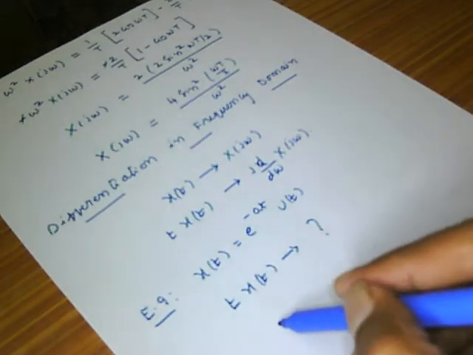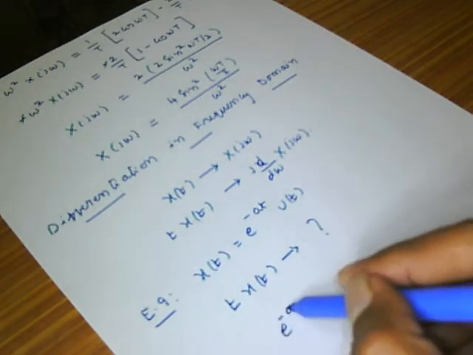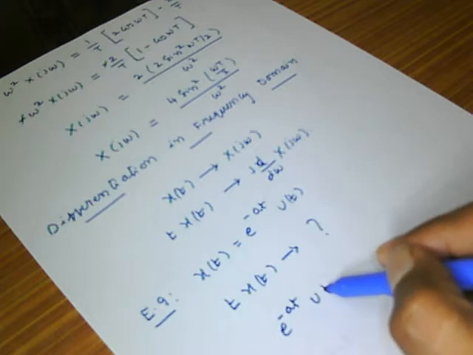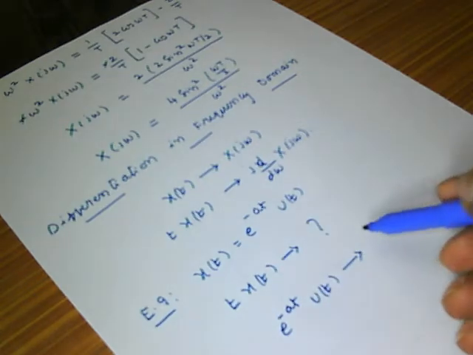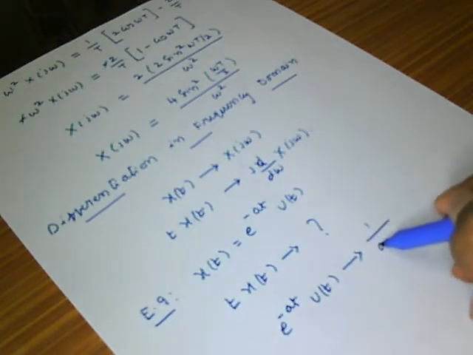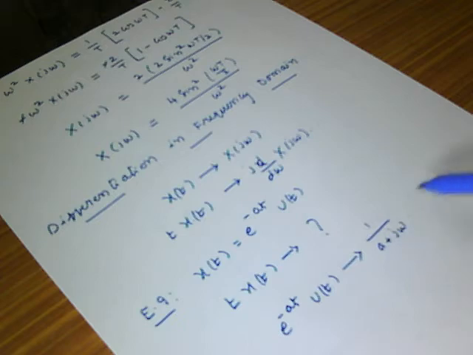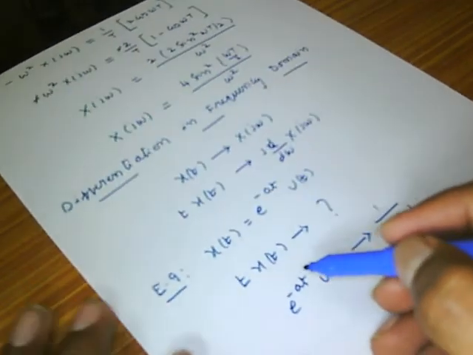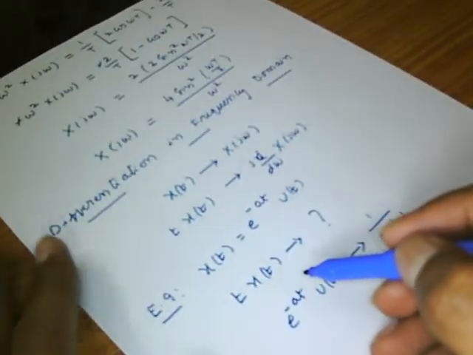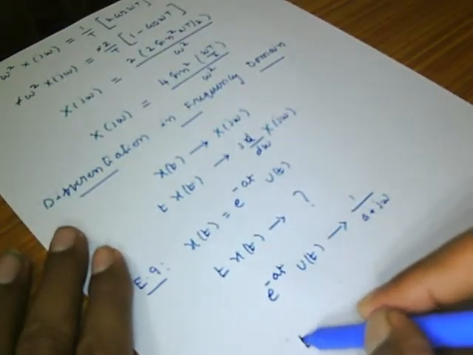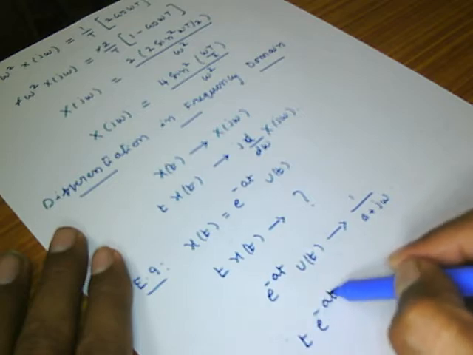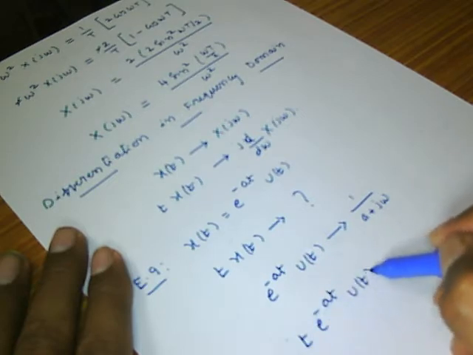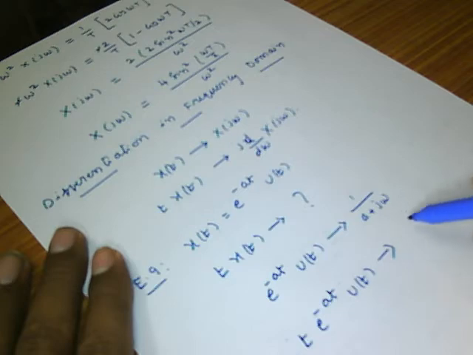We already know that e power minus at u of t has 1 by a plus j omega as the Fourier transform. So obviously t into e power minus at u of t will have j into d by d omega of X of j omega.